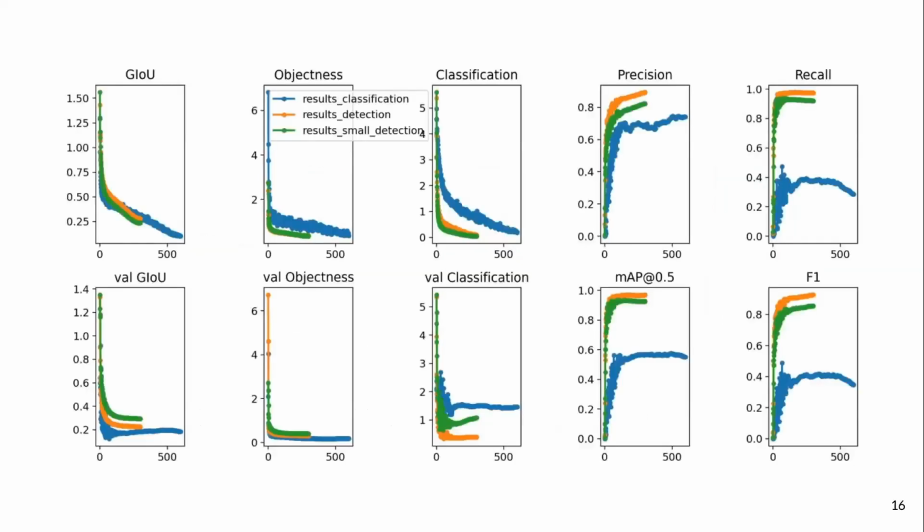So taking this into account, we have an automatically generated graph from the Ultralytics repository. In blue are the results of the classification. In orange, the results from the detection datasets, that means the original pictures. And in green, the results of the small detection datasets.